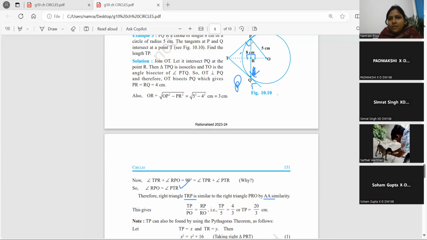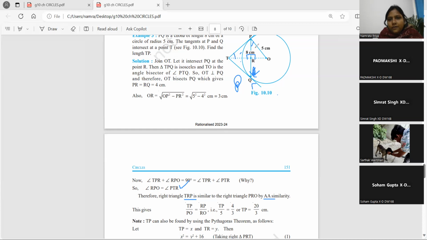In this triangle, we have got this angle and PTR. Sorry, RPO is this angle, not this angle. RPO is this angle, and then we are taking the angle which one is this angle, this angle.